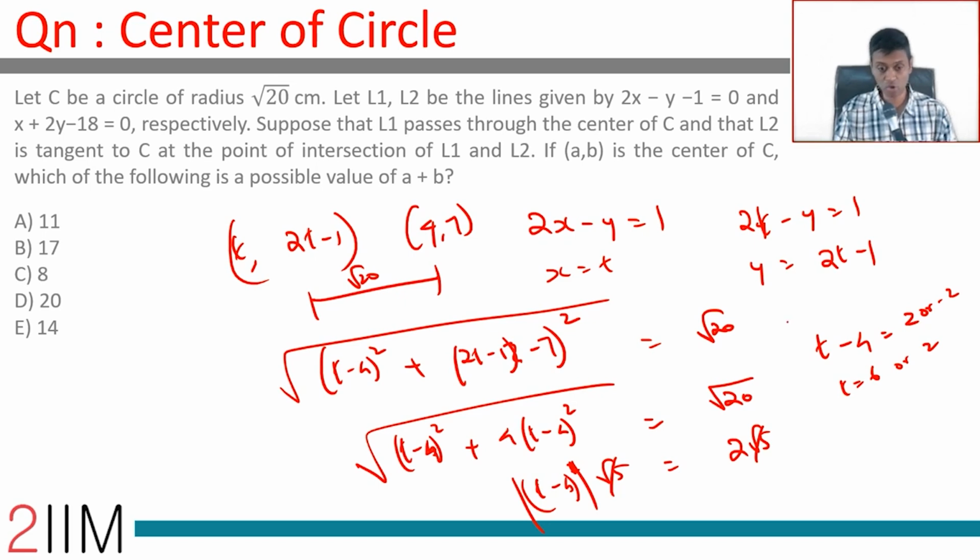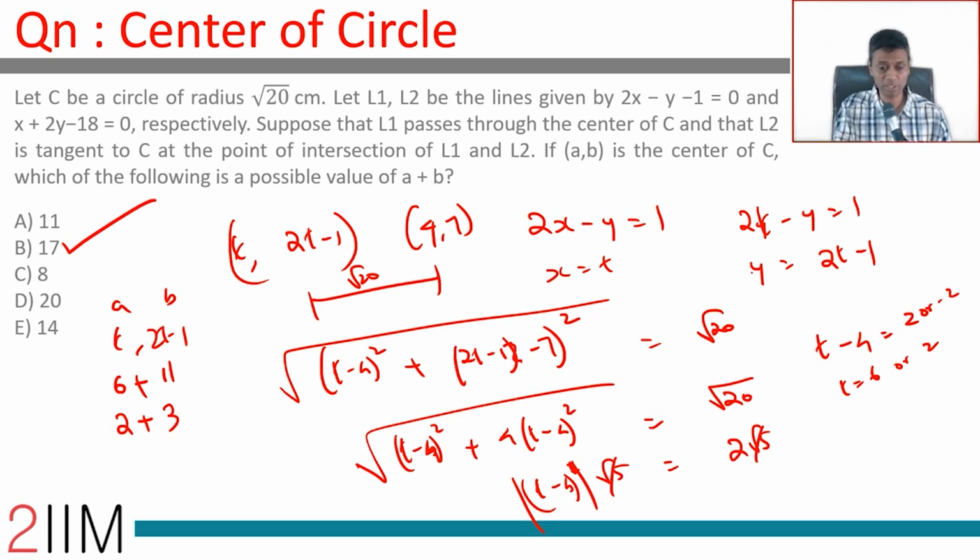So t comma 2t minus 1 are the point A and B. T could be 6, in which case 2t minus 1 would be 2 into 6 minus 1, 12 minus 1, 11. Or t could be 2, 2 into 2 minus 1, which is 4 minus 1, 3. A plus B could be 5 or 17. 17 is a possible answer.